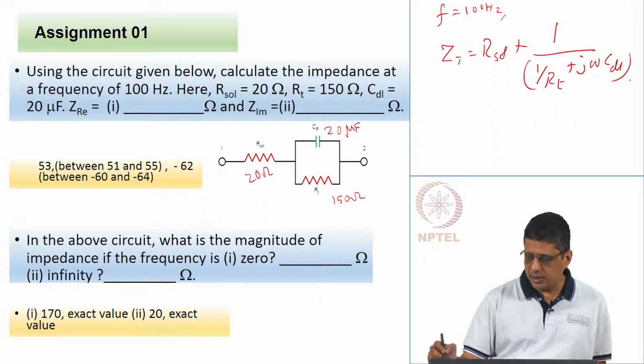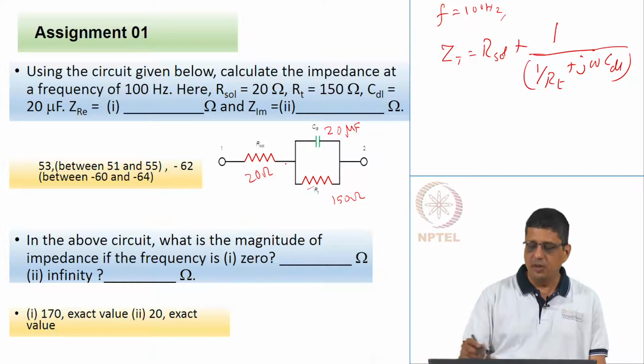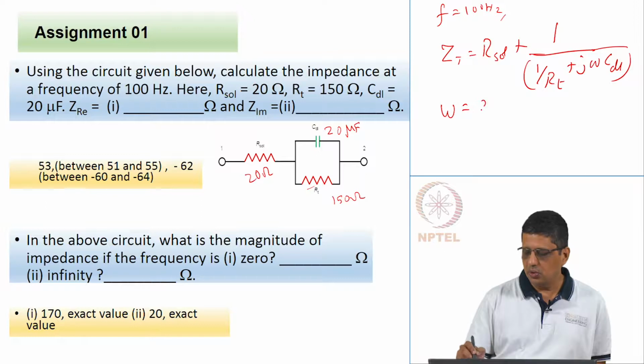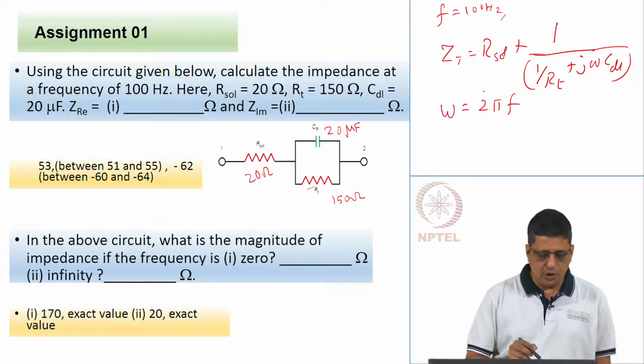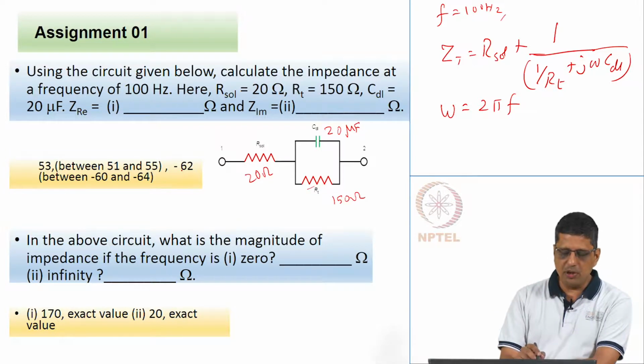The terms within the parenthesis or brackets tell you the admittance of this resistor and capacitor, and inverse of that gives you the impedance of this system. So, if you substitute for these values, omega is of course 2 pi f, you should get the real part to be close to 53 and the imaginary part to be close to minus 62.